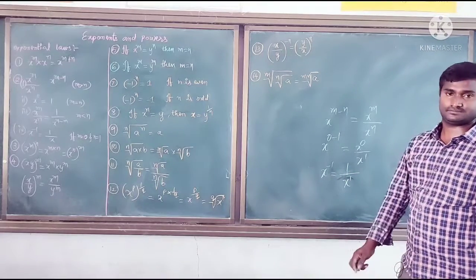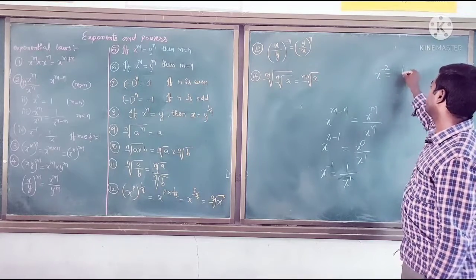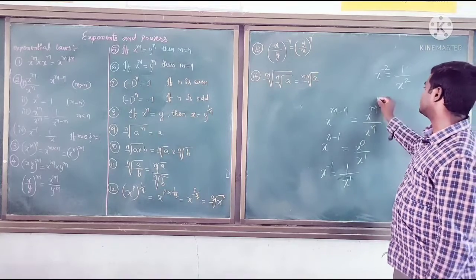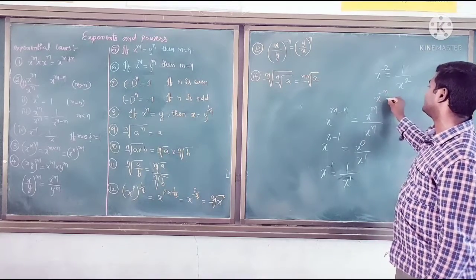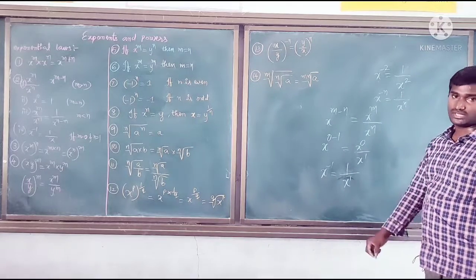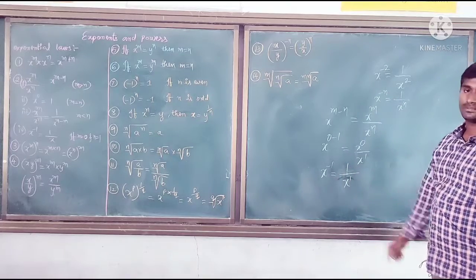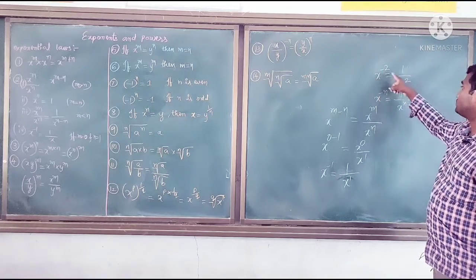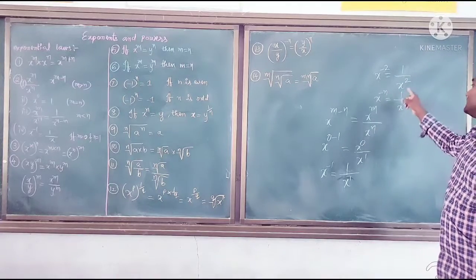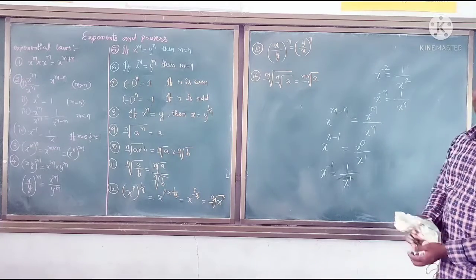Similarly, we can write x power minus 2 as 1 by x power 2, and x power minus n as 1 by x power n. Okay, so these are the formulas.